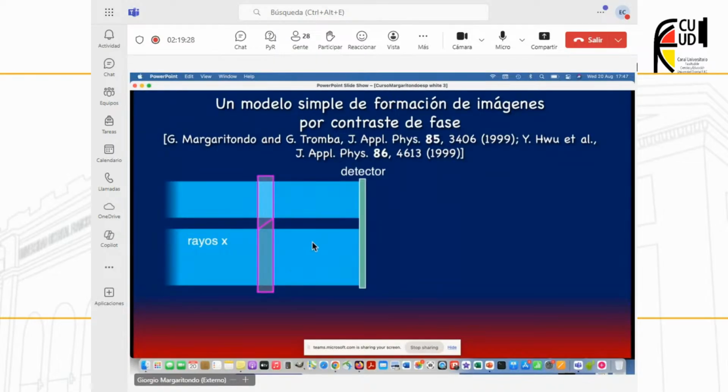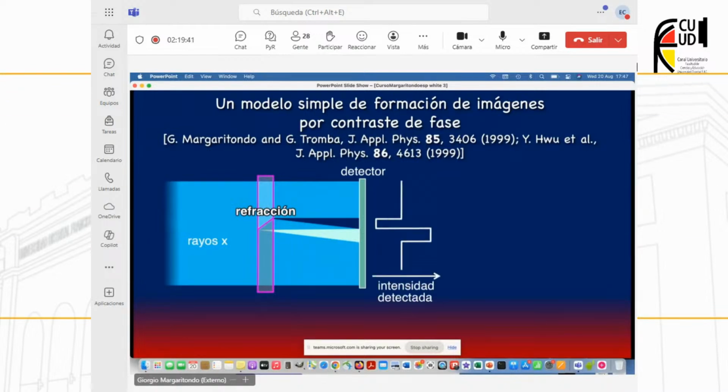That is, the X-rays are simply going ahead. But if you are now getting X-rays going through the edge, then there is refraction, and refraction is changing things in a very simple way. You get a sequence of light, dark lines. Light, dark. This one is dark, this one is illuminated.